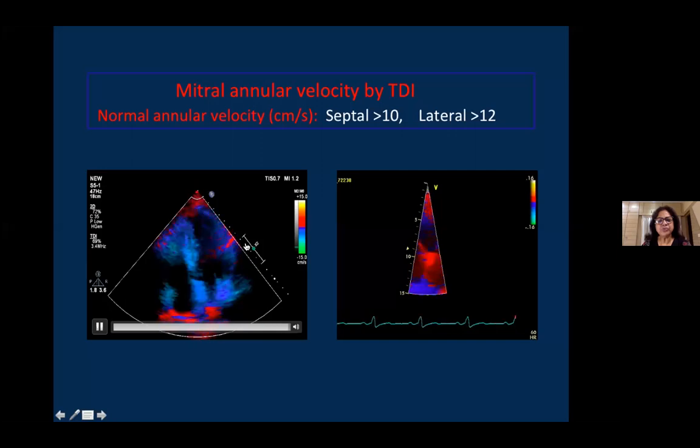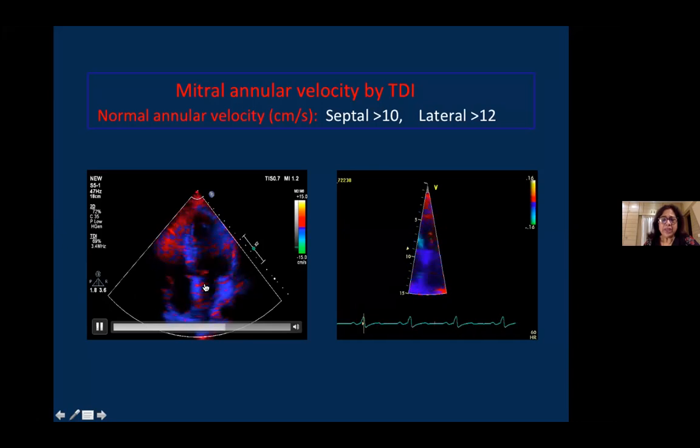With the TDI modality, which is there in your machine, you switch on the button in the apical four-chamber view, and it colorizes the entire tissues of the heart. You see, this is the left ventricle, left atrium, right ventricle, right atrium.